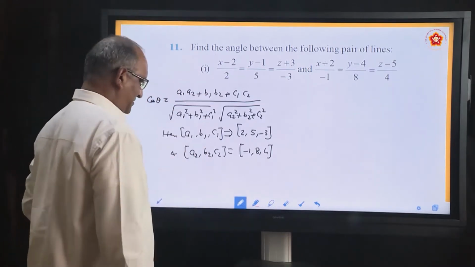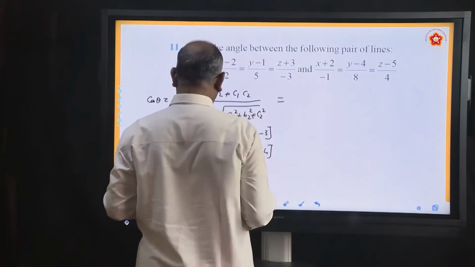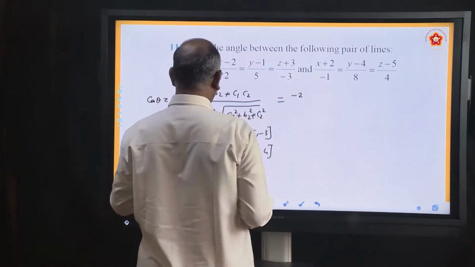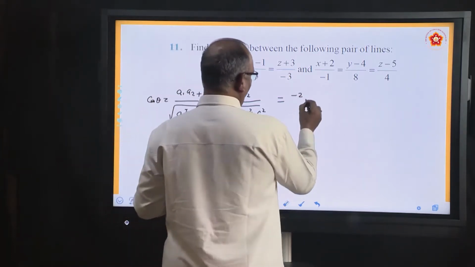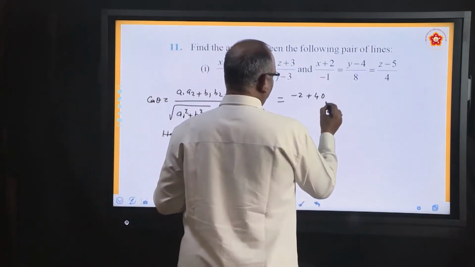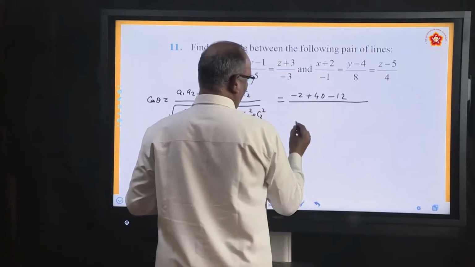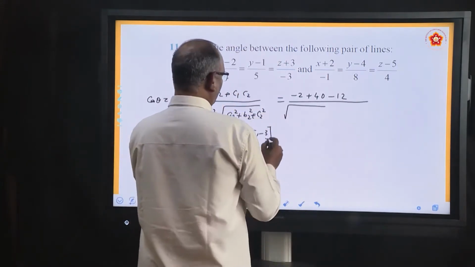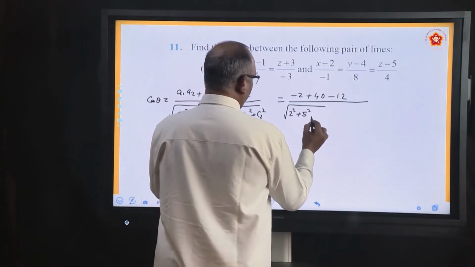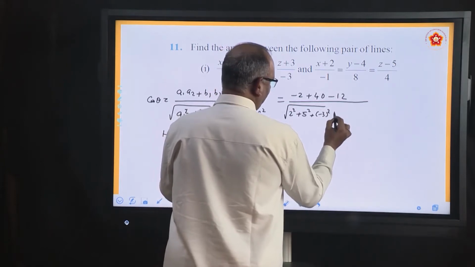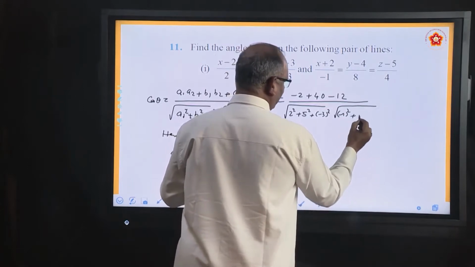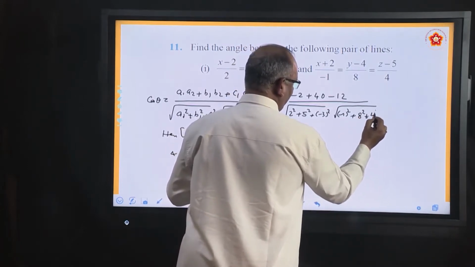Substitute these values in that, you will get cos theta equal to A1 A2, 2 into minus 1, minus 2, plus B1 B2, 5 into 8, 40, plus C1 C2, minus 3 into 4, minus 12, upon under root of 2 square plus 5 square plus minus 3 square, second one minus 1 square plus 8 square plus 4 square.